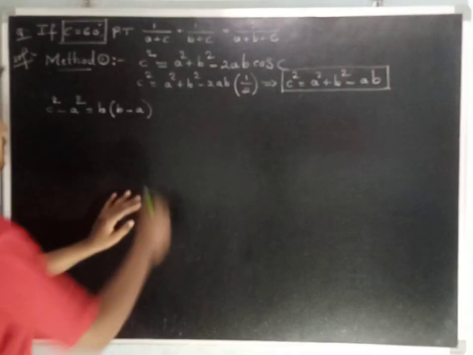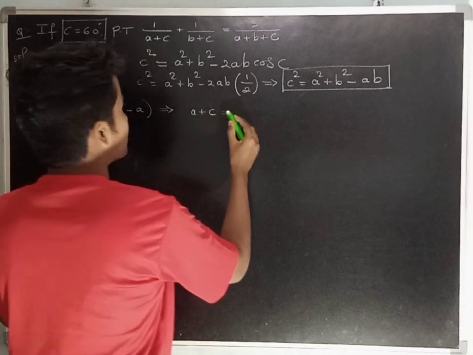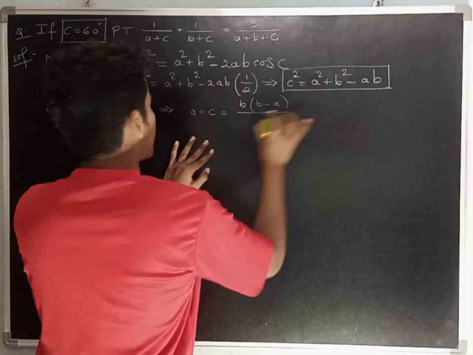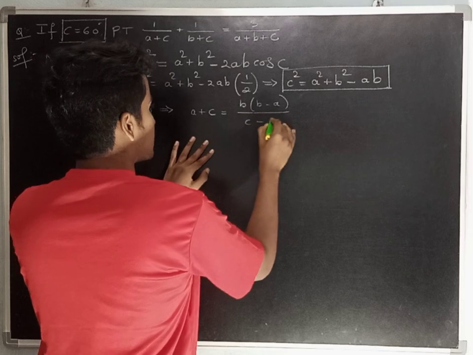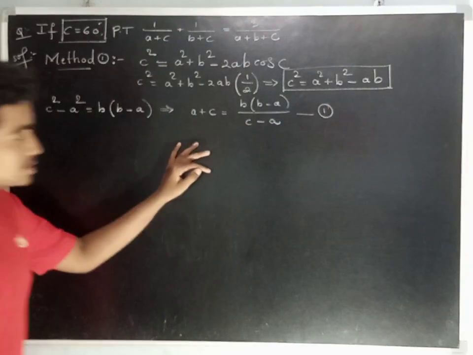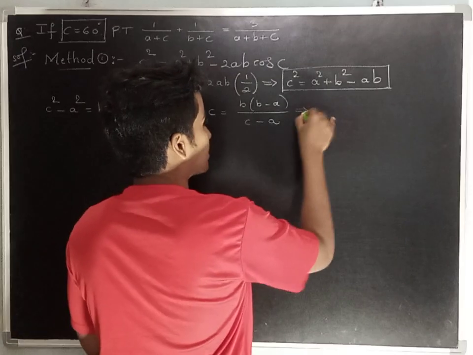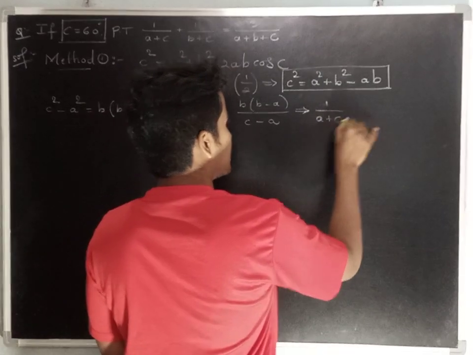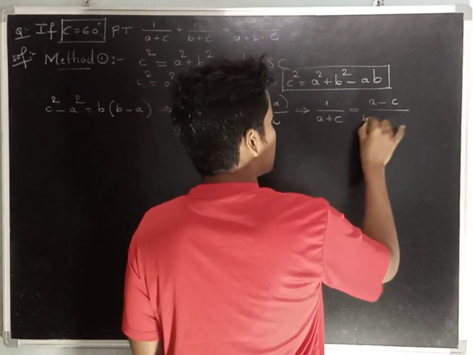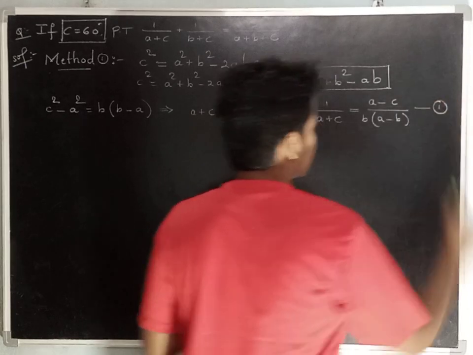From here, A plus C can be written as B into B minus A by C minus A. This is our first equation. Further, 1 by A plus C can be written as C minus A by B into B minus A.